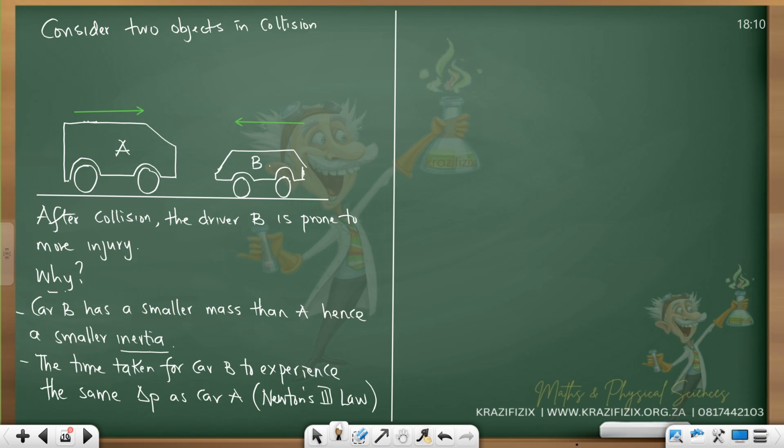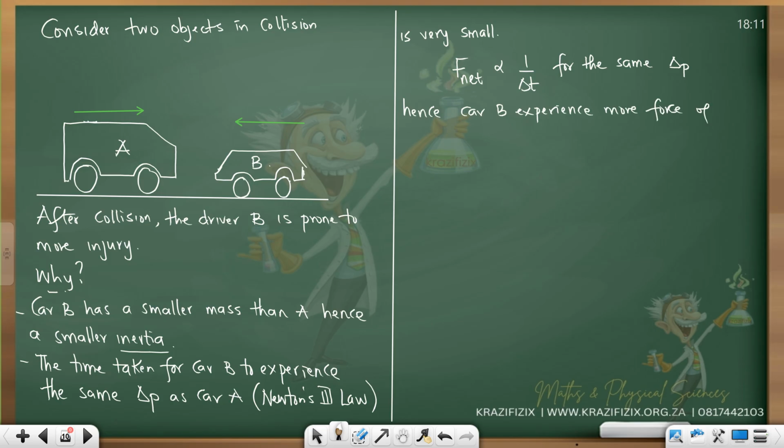The time taken for car B to experience the same change in momentum as car A is very small, and F net is inversely proportional to that for the same change in momentum. Hence, car B experiences more force of impact than car A.